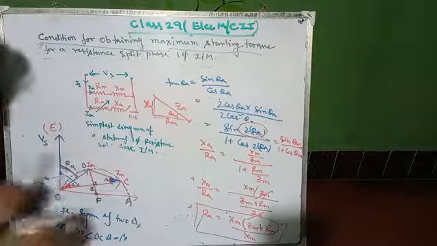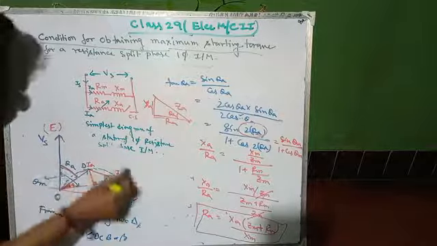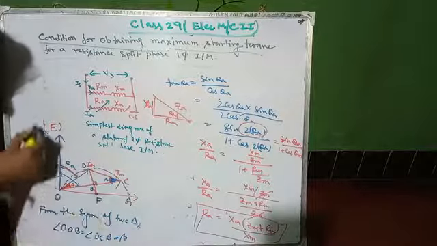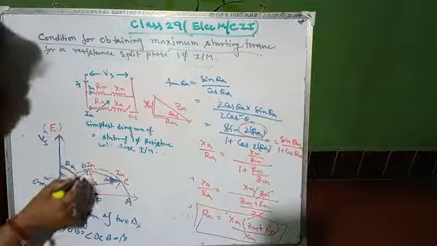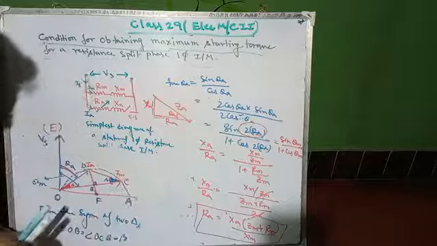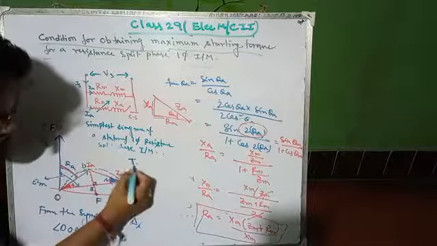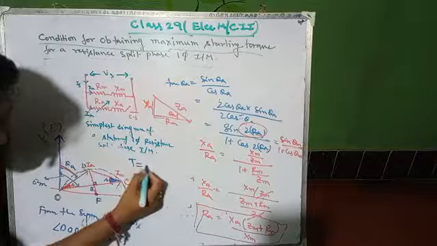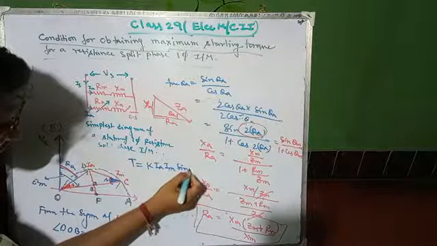This geometry will apply when IA will be maximum, and when IA will be maximum, then torque will be maximum, because we know the torque expression, T equals K into IA IM sin beta, right?